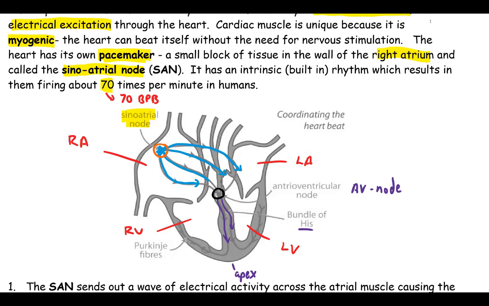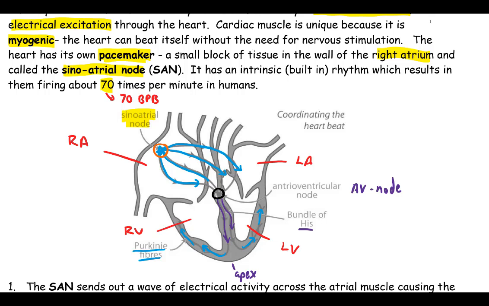And from there, the fibers then branch off into the walls of the ventricles, and these fibers in the walls of the ventricles are called Purkinje fibers. When the impulses travel through the Purkinje fibers, the walls of the ventricles start to contract. And they contract from the bottom upwards to force blood up and out of the arteries.